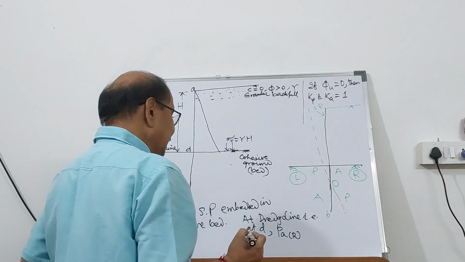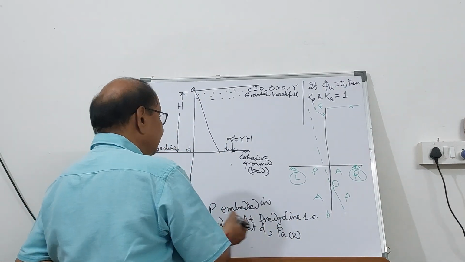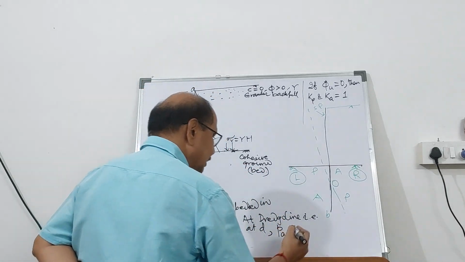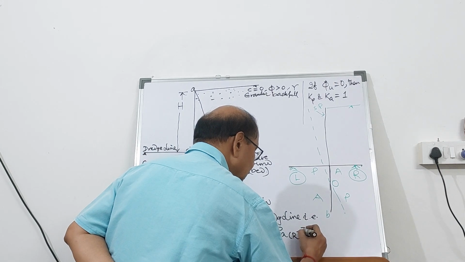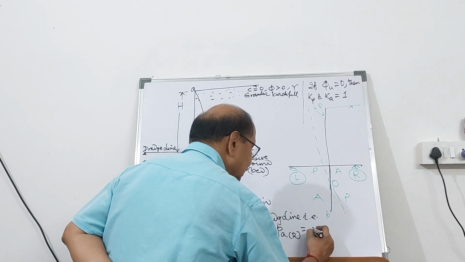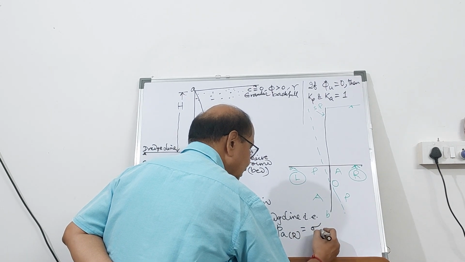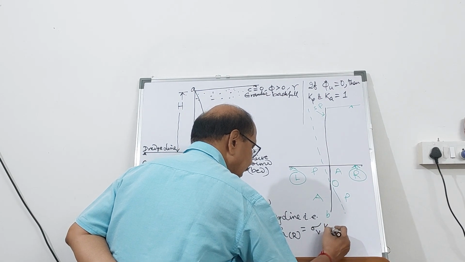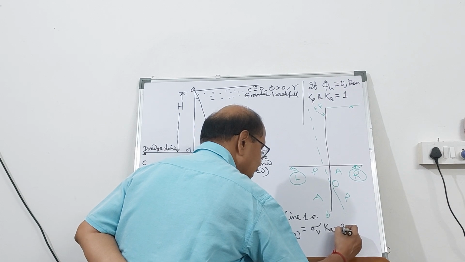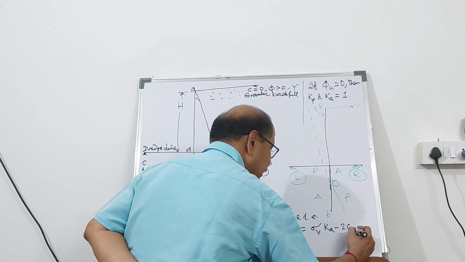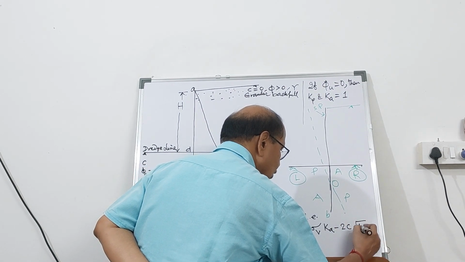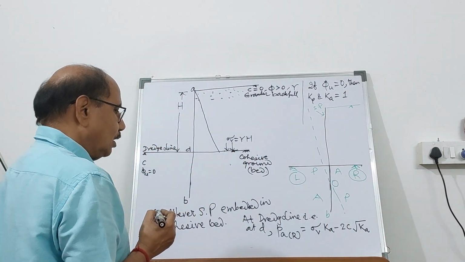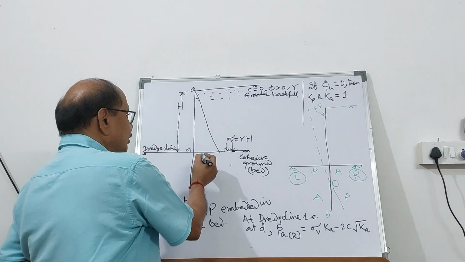So at the dredge line, that is at D, on the right hand side, the active pressure will be given by the vertical pressure multiplied by K minus 2 times cohesion under root K. Now, what is the value of vertical pressure here?